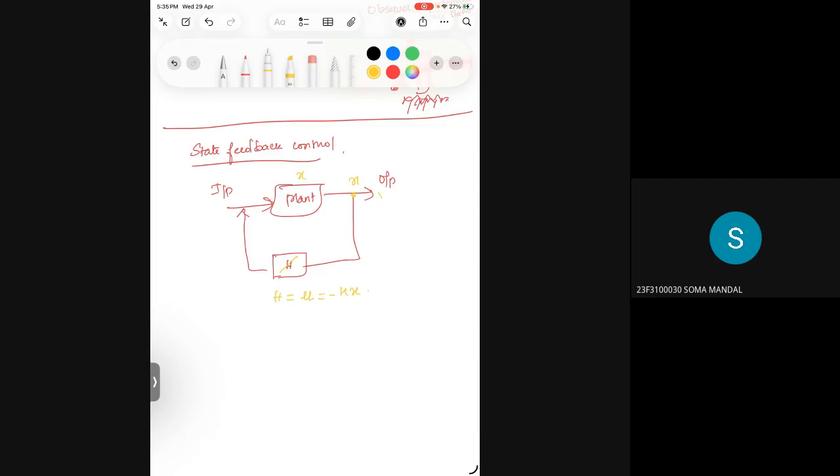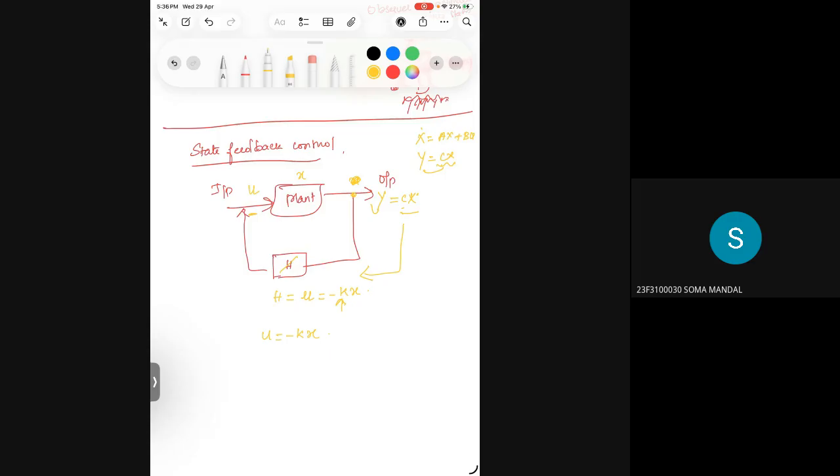Since x dot is equal to Ax plus Bu and y equal to Cx, the output y holds the information about Cx. So you are taking it back and multiplying it with k, with a negative sign. So the overall input u will be minus k into x.